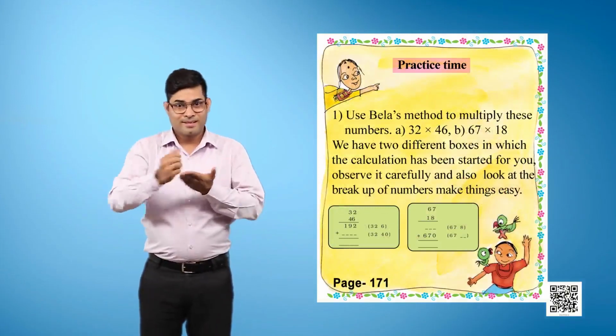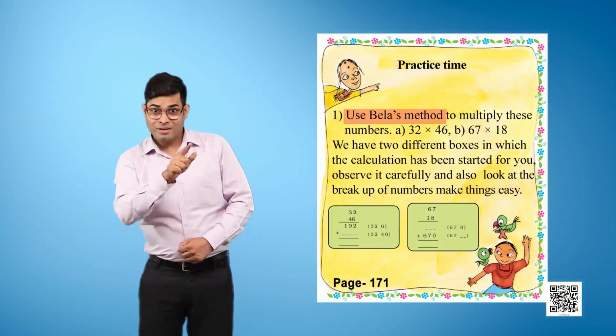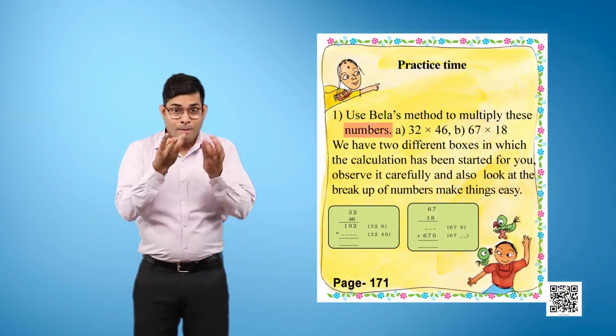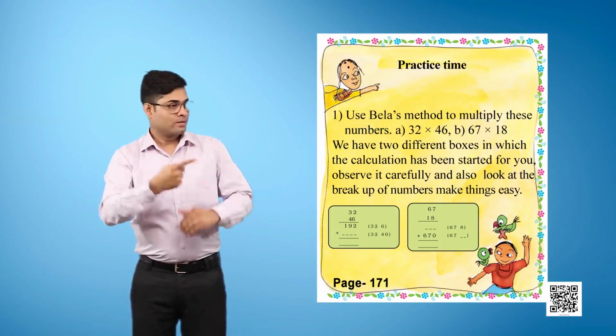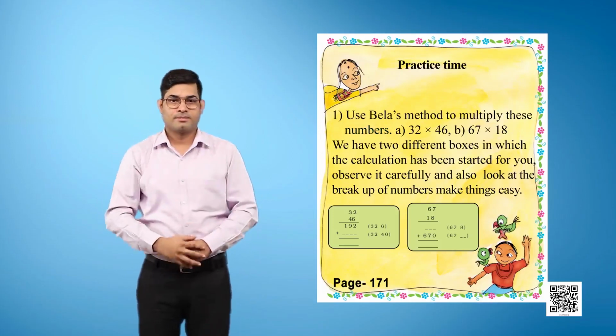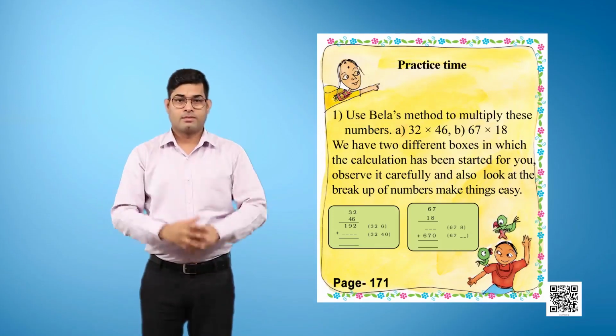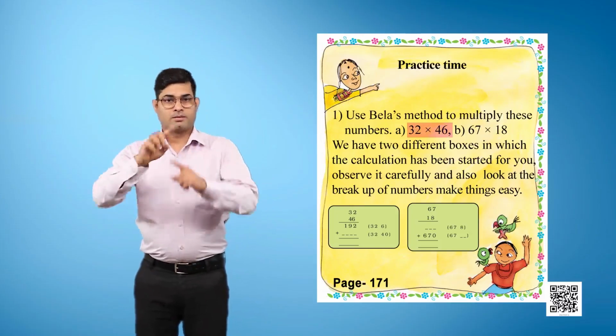Practice time. 1. Use Bela's method to multiply these numbers. A. 32 by 46.